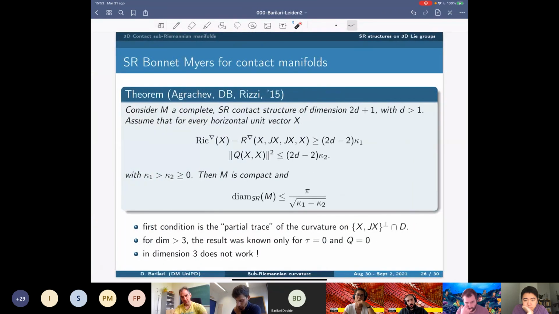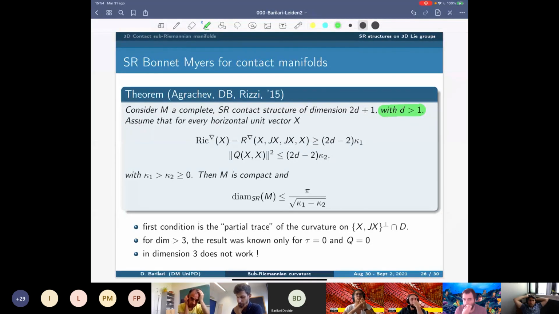What I wanted to do here to finish is to give an example of what we can do using all the machinery of the curvature, which I don't really have time to present here, but we can discuss later, maybe during the questions, about, for instance, a Bonnet-Myers theorem for contact manifolds. Maybe it's disappointing for this discussion since we were focusing on the three-dimensional case, but it is highlighting once more that the three-dimensional case is very special.